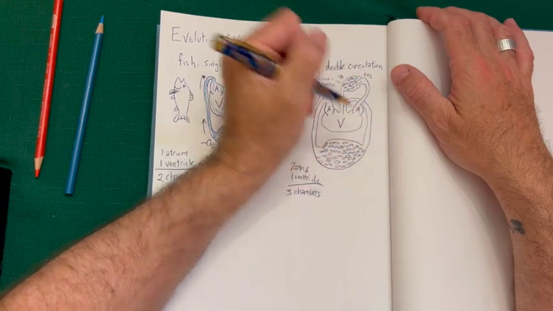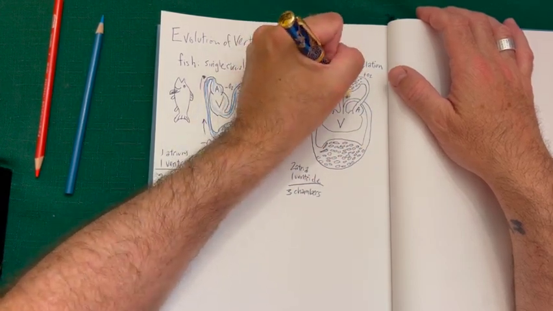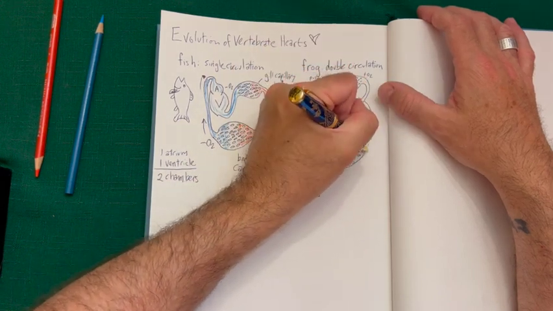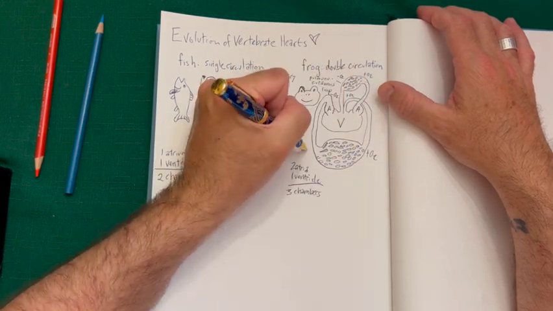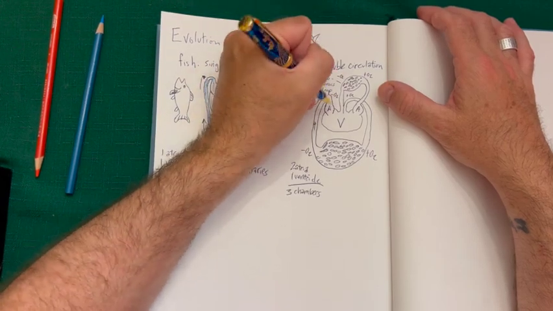All right, so oxygenated blood is going to flow back out over here, and then it's going to become deoxygenated and flow back to the heart.